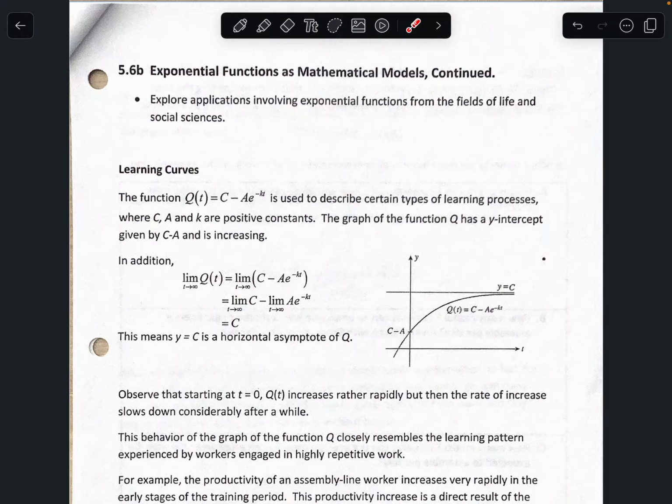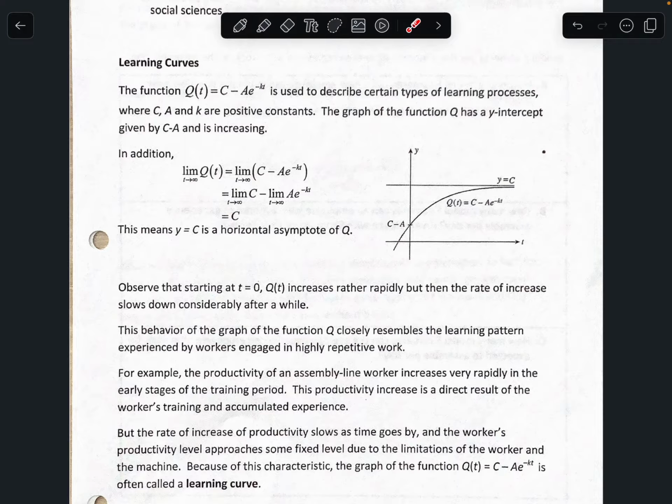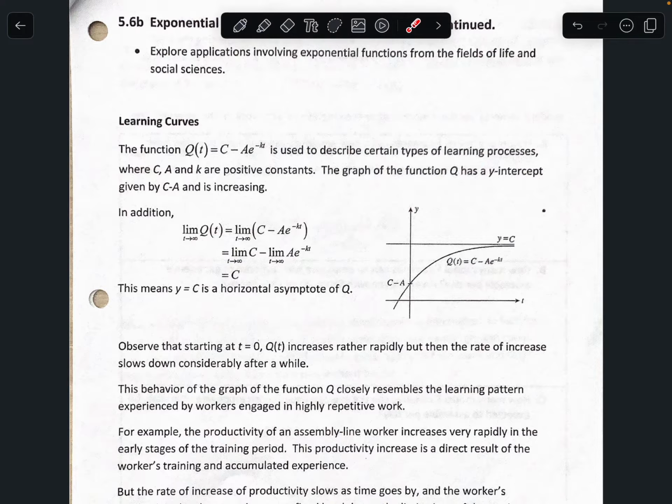You start to grow less as time goes on, because it's diminishing returns on the amount of time you put in and how much improvement you get. This happens a lot in school, in athletics, music. Anything that you're learning, you're probably going to start plateauing at some point, and that can be modeled by exponential functions.